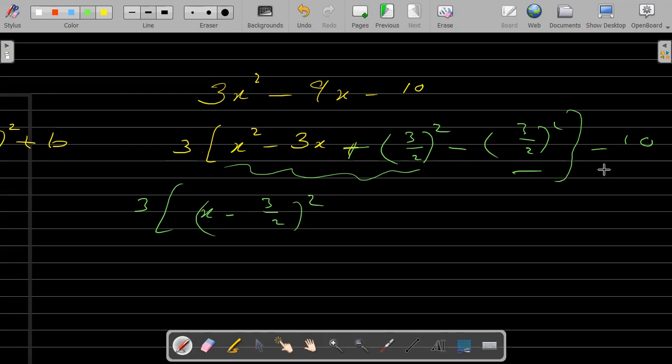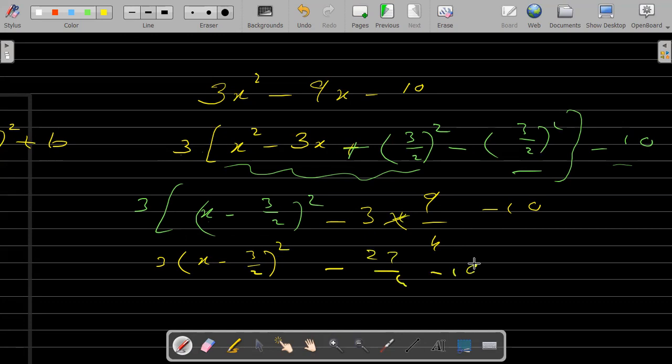Then we have to simplify, but first you have to open the bracket by multiplying by 3. So it will be minus 3 multiplied by 9 over 4, minus 10 as it is, with this bracket only, 27 over 4. Now you can use a calculator and simplify these two.